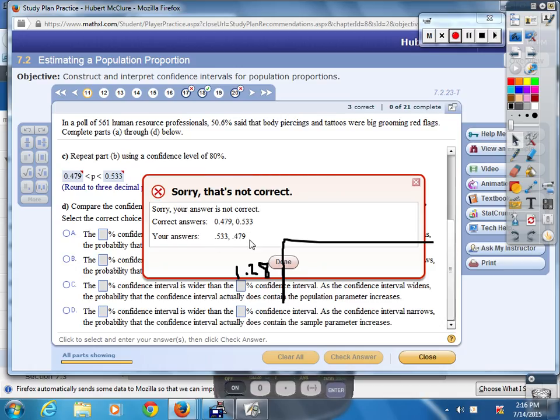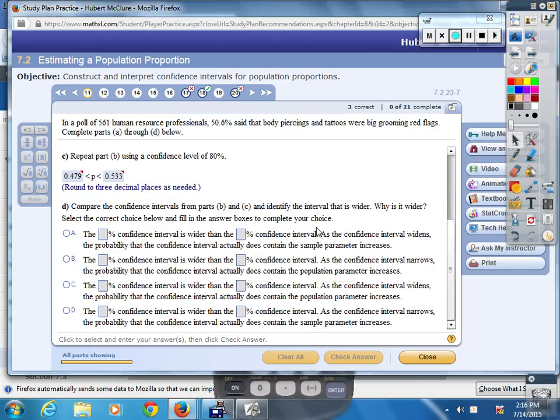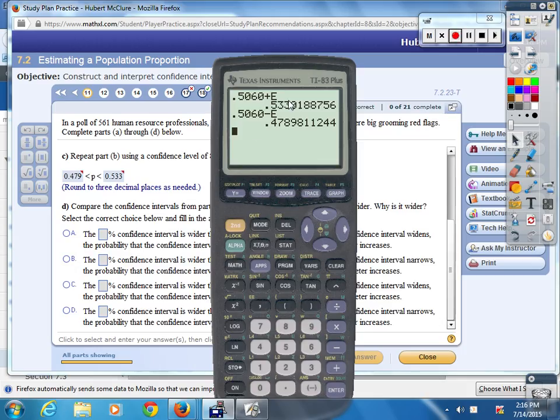Oh, I typed it in backwards. I'm sorry. I wouldn't mark that wrong. I would say, what's wrong with you, or you're on drugs, so evidently I'm on drugs or something. I don't know why I would put .533 first. Oh, I know why, because I did it on the calculator first. That's why. Okay. I'm sorry.